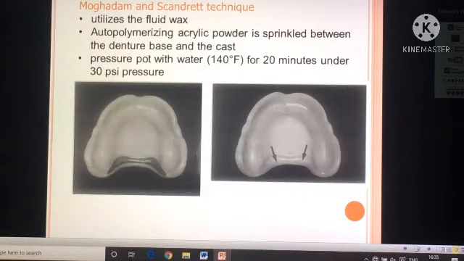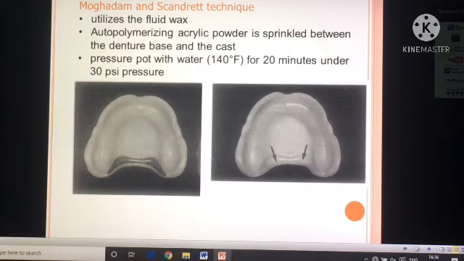They have utilized the fluid wax technique in this. It is similar to our fluid wax technique, only they are applying the fluid wax onto the fabricated denture. Once they have applied the fluid wax onto the denture, they place it in the patient's mouth and record the posterior palatal seal again properly. After that they make a stone cast of this area using this customized denture.